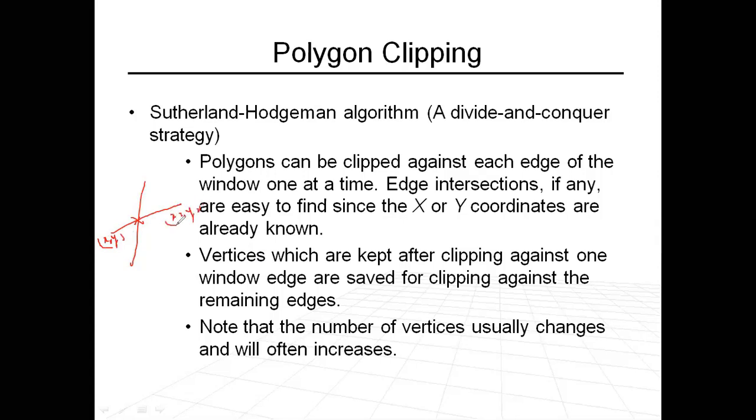So you know the endpoints of a line, and you can easily calculate the intersection across any edge of the window. Vertices which are kept after clipping against one window edge are saved for clipping against the remaining edges. So whatever you have applied across one of the edges, for example, let's say you have this figure.